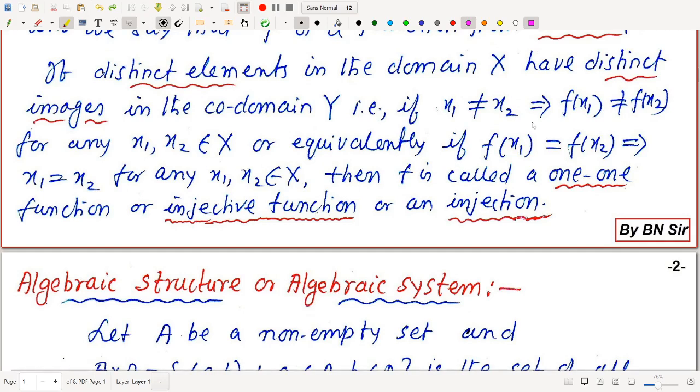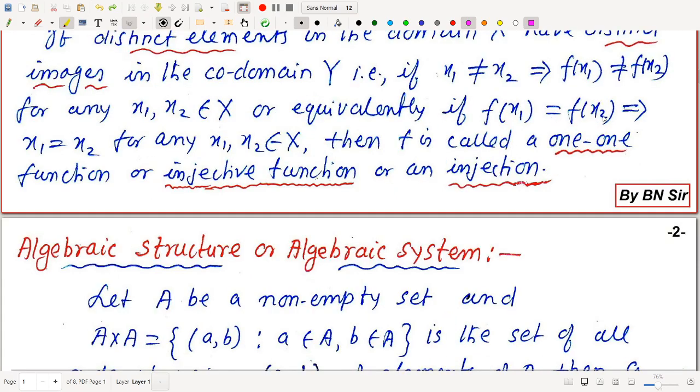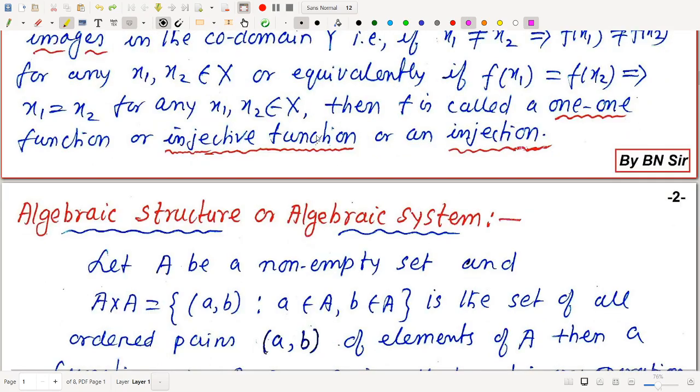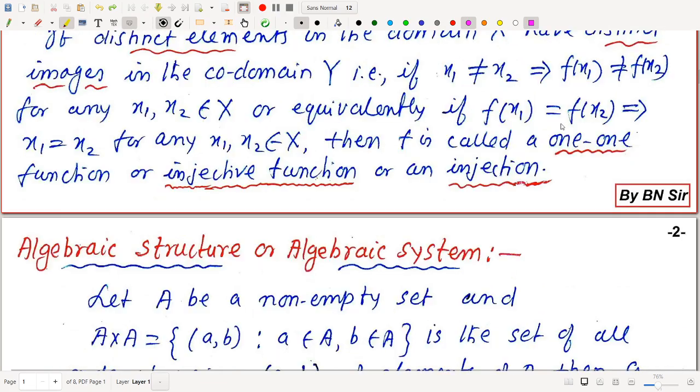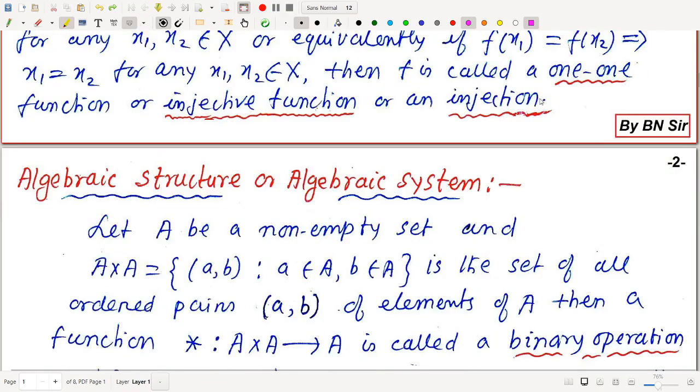Or equivalently, the contrapositive of this statement is: if f(x1) equal to f(x2) implies x1 equal to x2, that is, if images are equal, then elements must already be equal for any x1, x2 in this capital X. Then f is called a 1-1 function or an injective function or an injection. Different elements have different images. 1-1.